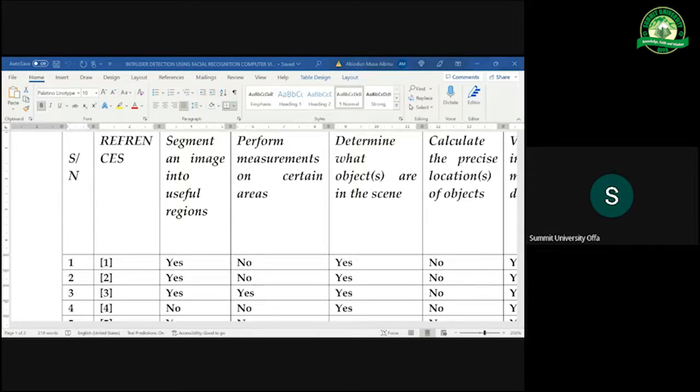Those 20 papers that you submitted for the first assignment, those are the papers we expect you to use again this time around. But now we are zooming in on the classification, on the segmentation approach used in the paper. You must be able to tell us what type of segmentation, and in order to do that, you need to prepare that other table, and the table is just like this.